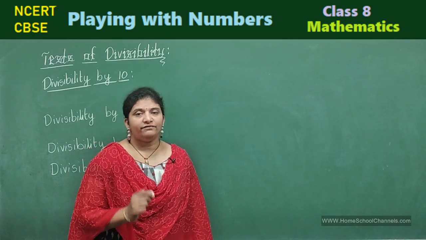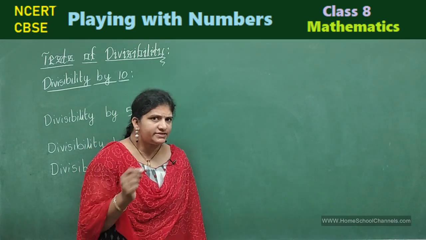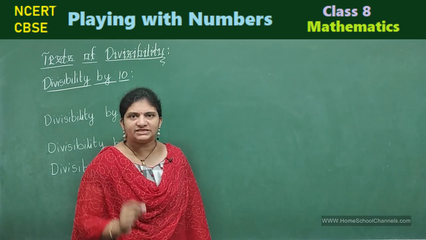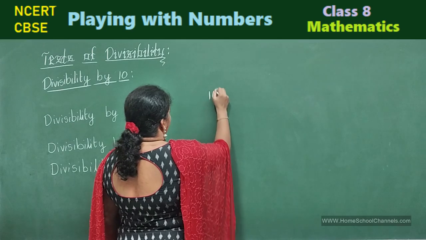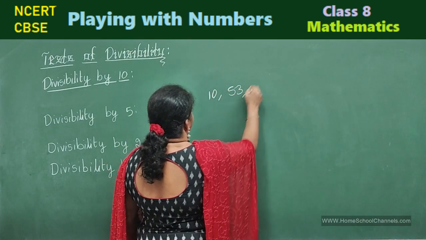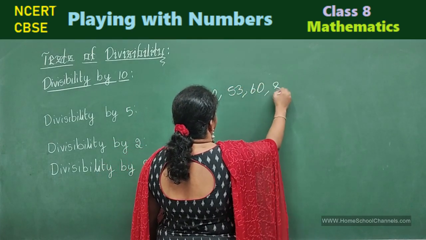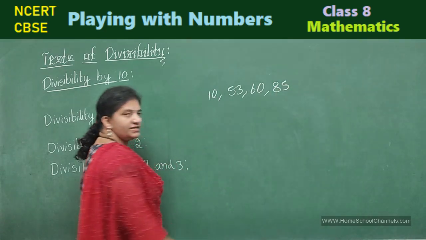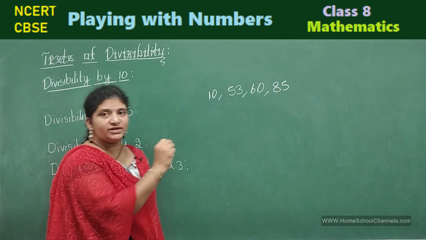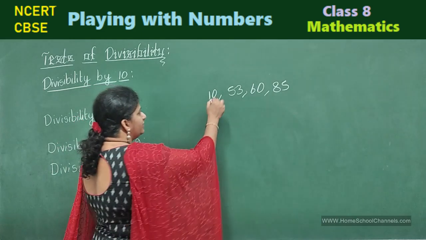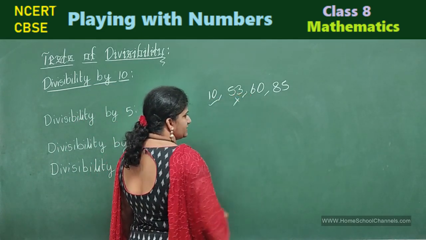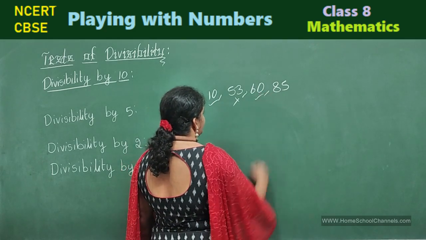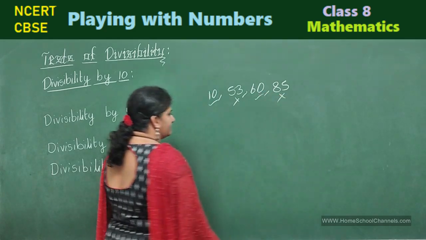Divisibility by 10. We know that if its units digit is 0, then that number is divisible by 10. Let me take examples here: 10, 53, 60, 85. Observe these numbers and say which are divisible by 10. 10, this is divisible. 53, not divisible. 60, divisible. 85, not divisible.